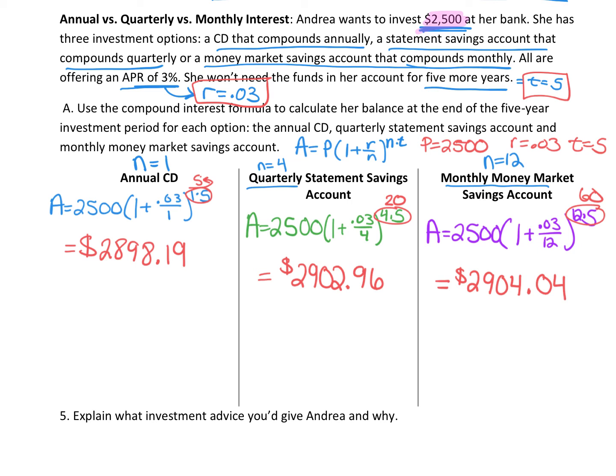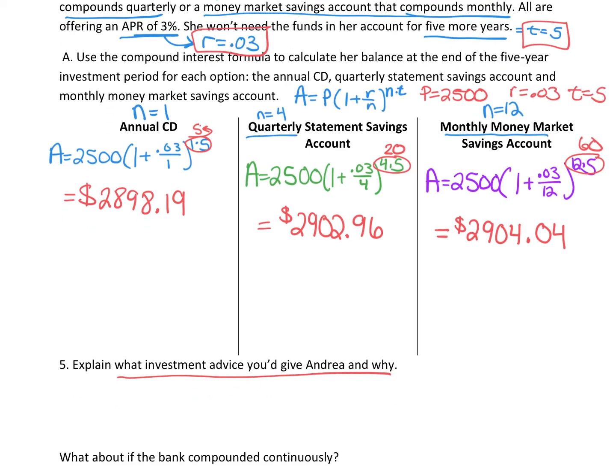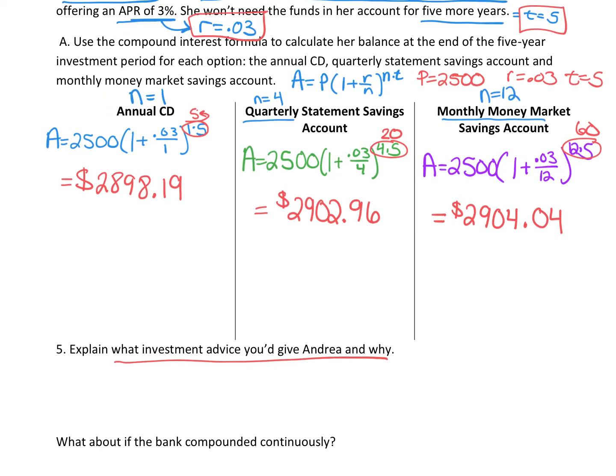So looking at all these, it says explain what investment advice you'd give Andrea and why. And so I would say, if it was compounded once, I got this amount of money. When it's compounded 4 times a year, and then when it's compounded 12 times a year, so monthly, that was the most amount of money.